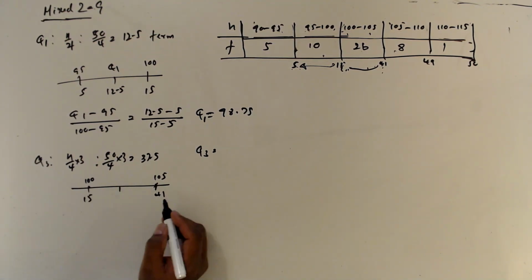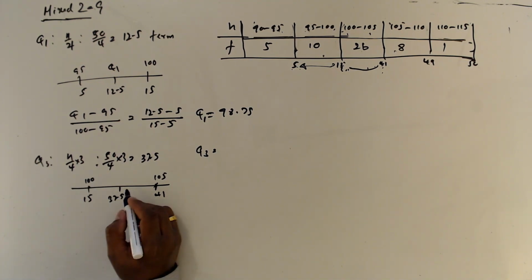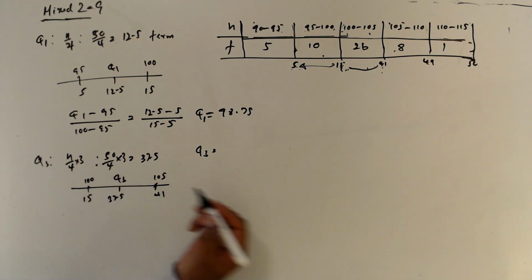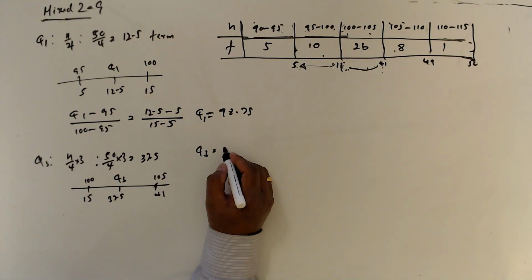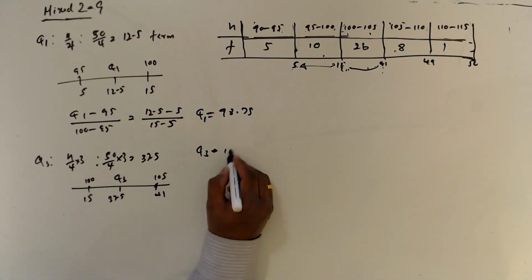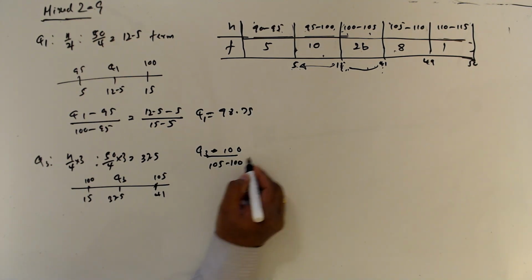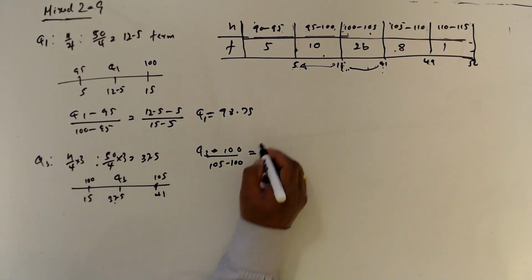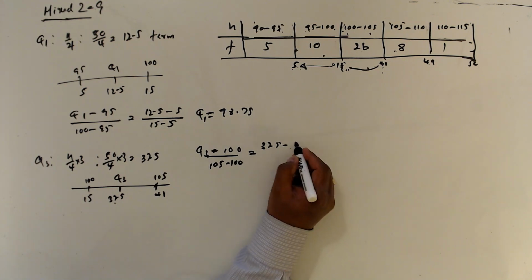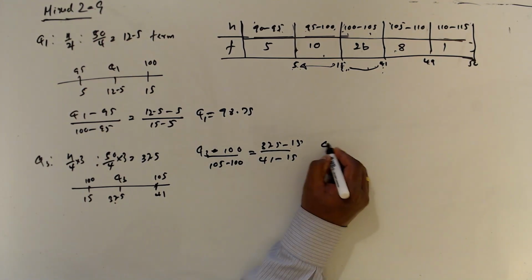So we need 37.5 for Q3. Now Q3 minus 100 over 105 minus 100 equals 37.5 minus 15 over 41 minus 15.